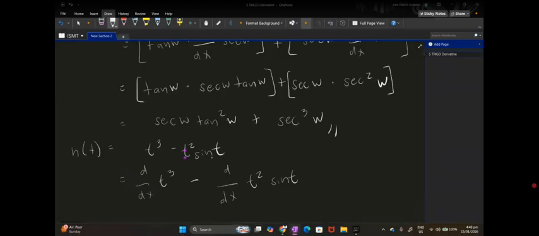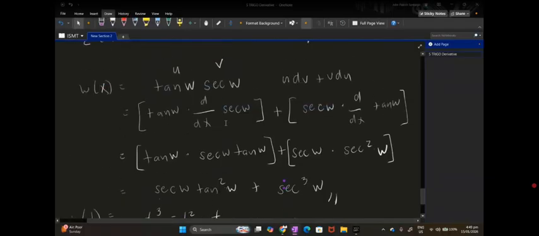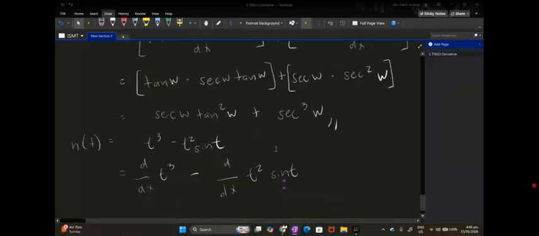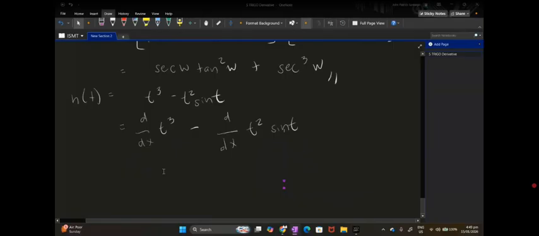So, itong part na to, itong t squared sine t, gagamit ulit tayo ng product rule or yung UDV plus VDU. Kasi multiplication siya. So, huwag kayo malilito na de-derive mo siya isa-isa. So, basta may makita kayong multiplication here, gagamit kayo nun, product rule.